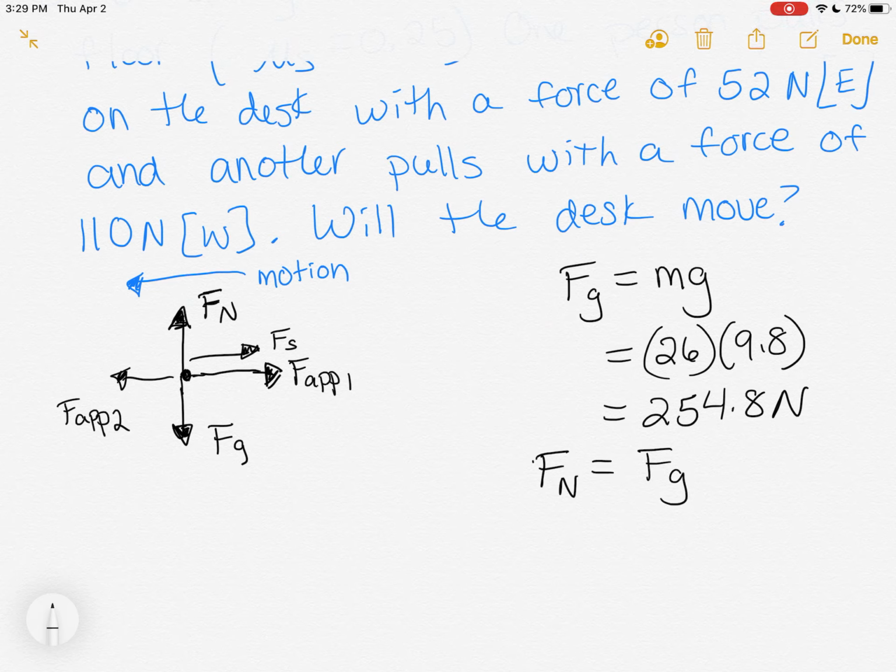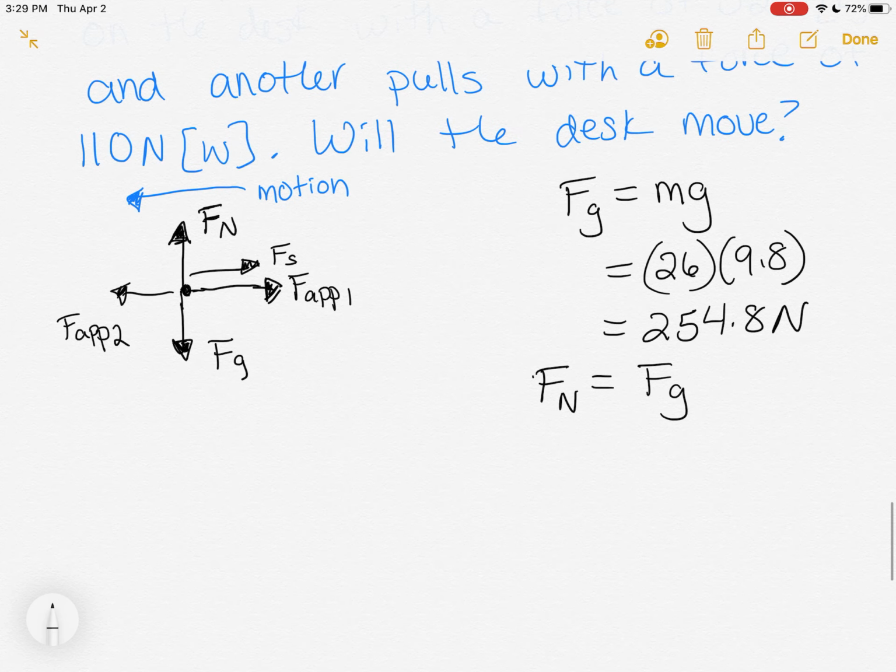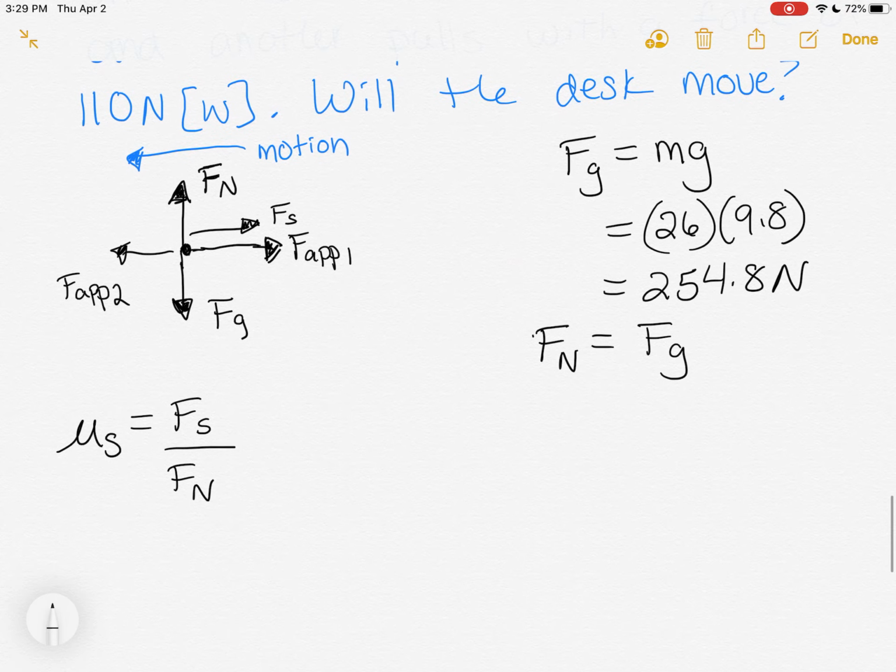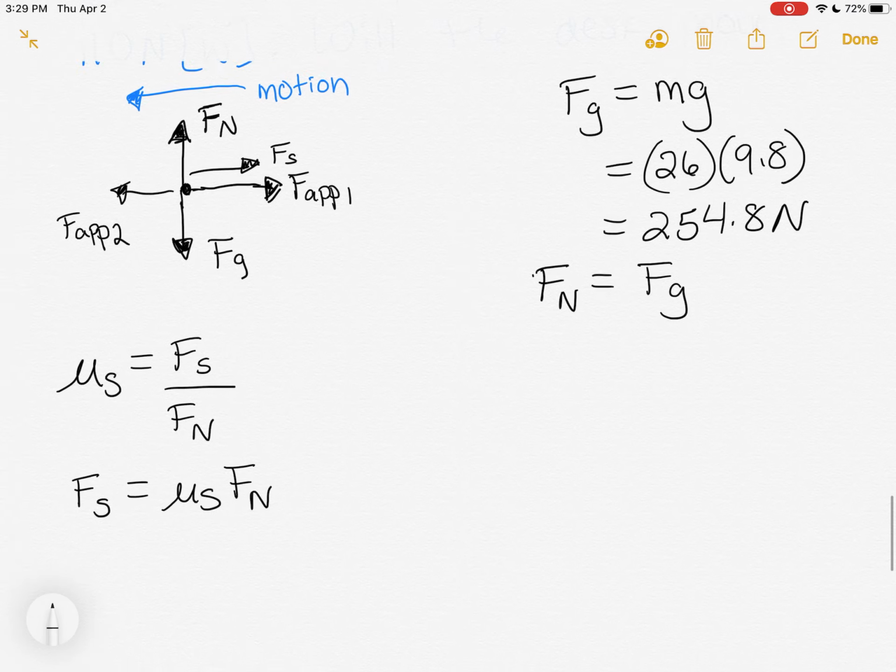Now the reason that I really care about Fg is because I really want Fn. So my Fn is going to be equal to whatever my Fg was. And I want my Fn so that I can use this formula. My mu s, remember, is my Fs divided by my Fn. I want to rearrange that and solve for Fs because I already have mu s.